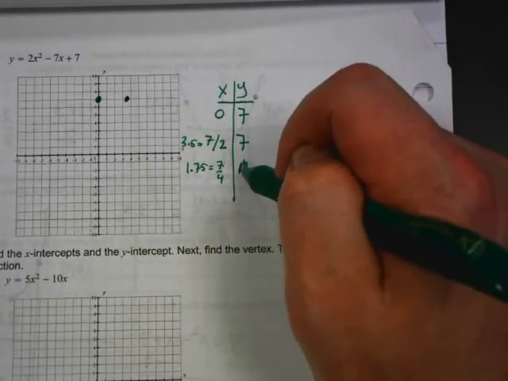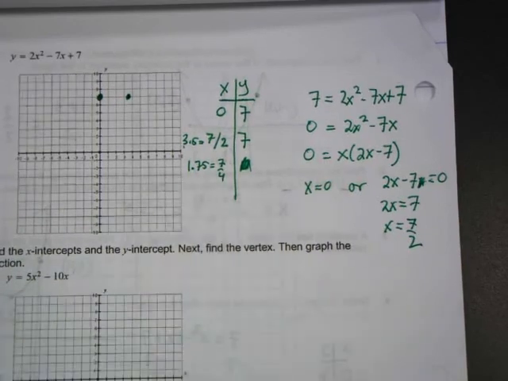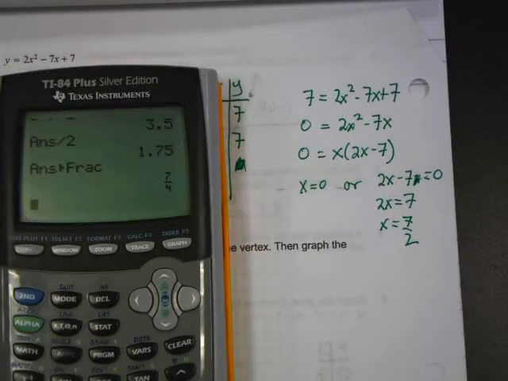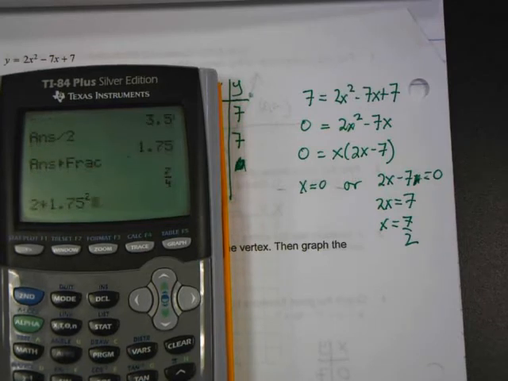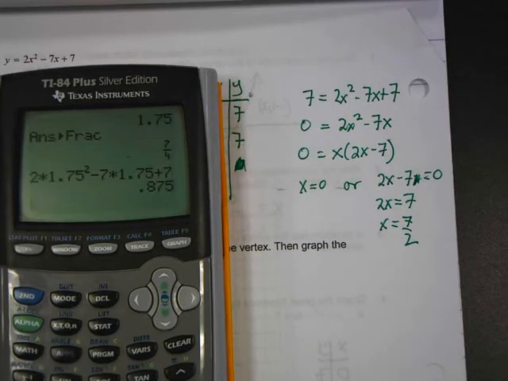That's not 0. What do I have to do with that 1.75? I have to plug it in. Yeah, I did a really bad thing there. I don't know why I wrote 0. Okay, so I'm going to take 2 times 1.75 squared minus 7 times 1.75 plus 7. I should not have put a 0 there.